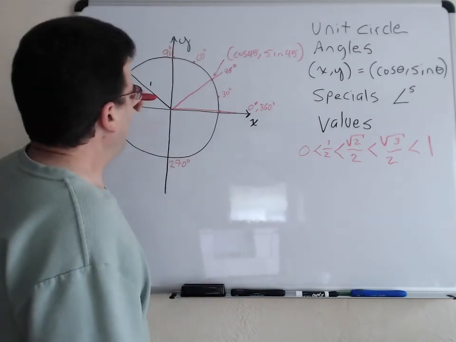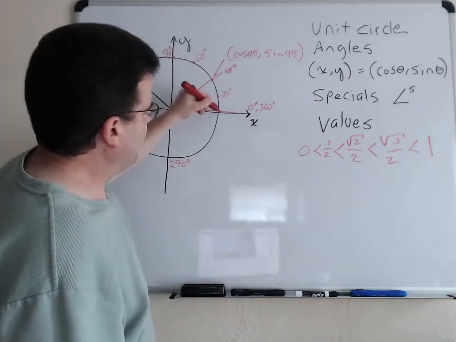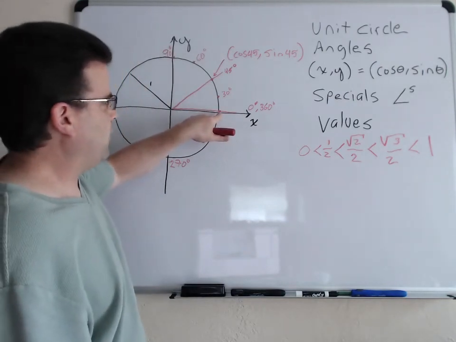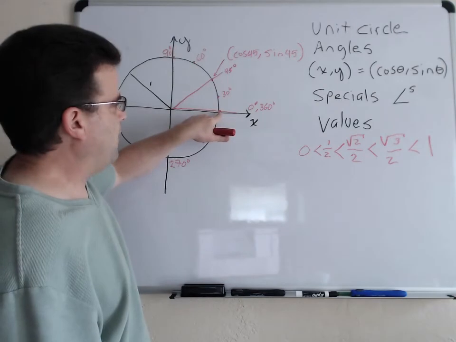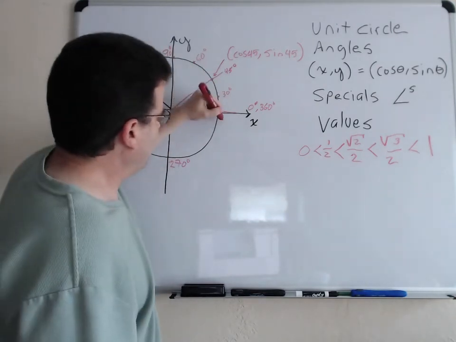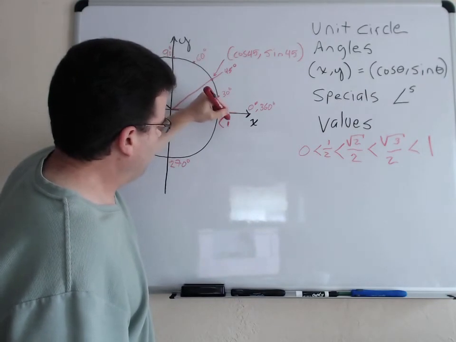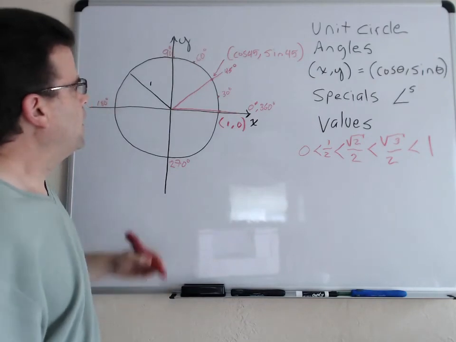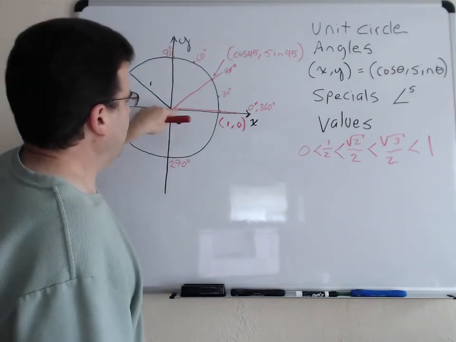So the coordinates of this point right here, well, that point is on the x-axis. Since it's the unit circle and this circle has a radius of 1, the coordinates must be 1, 0. So the x-coordinate here is 1.